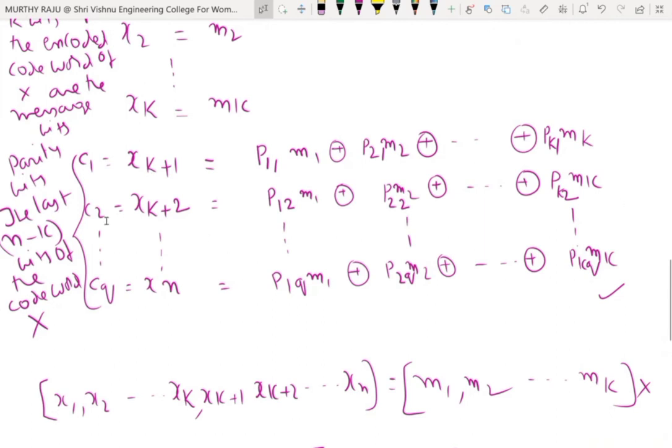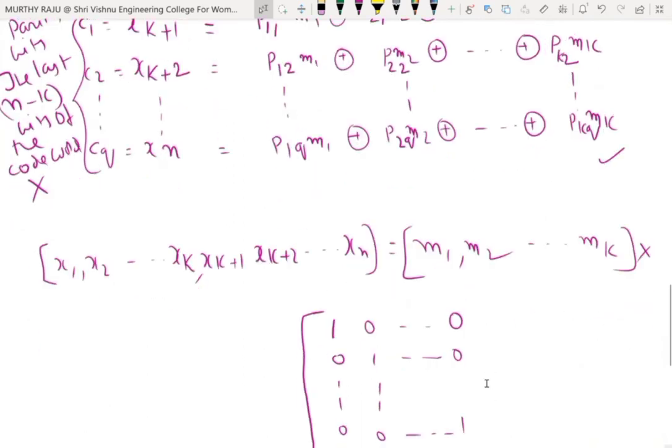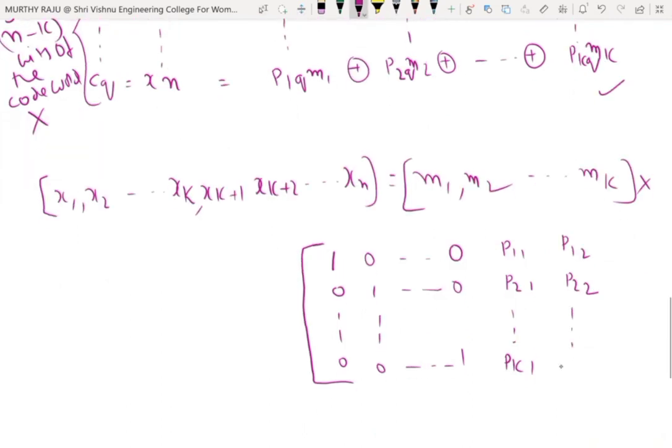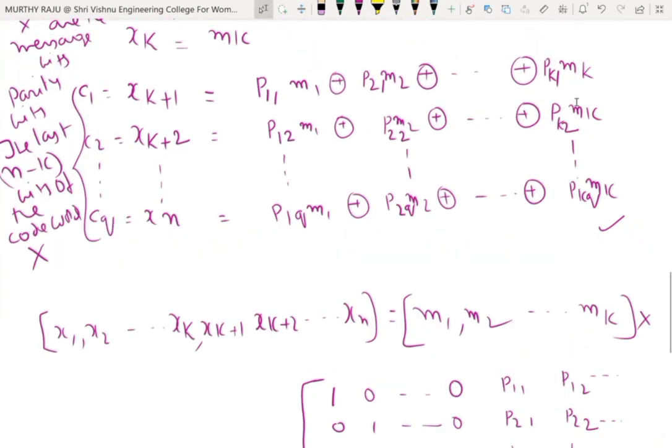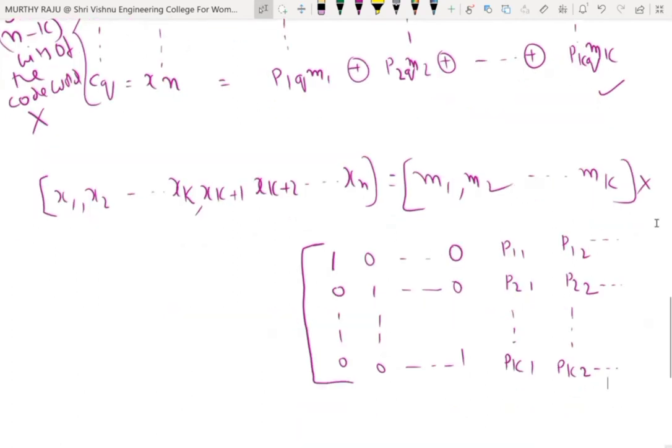P12, P22, PK2 are the coefficients of C2, like that. And so on, P1Q, P2Q and so on, PKQ.